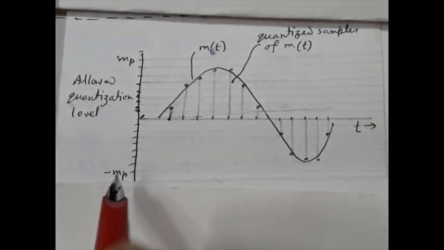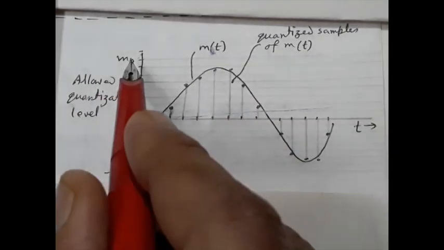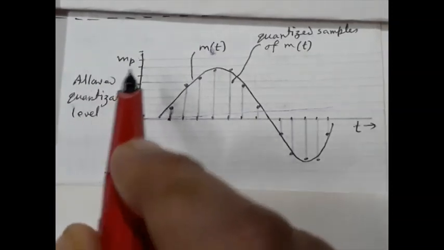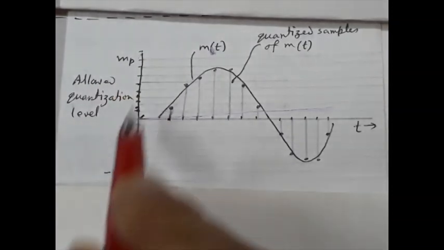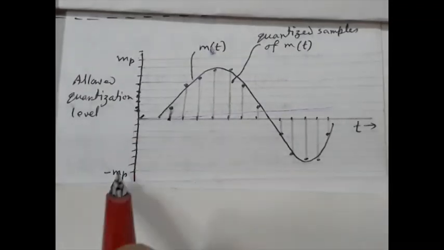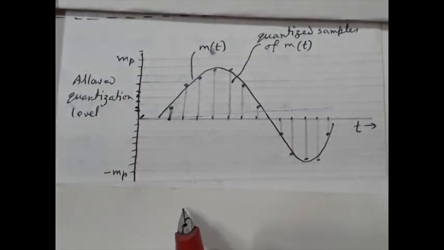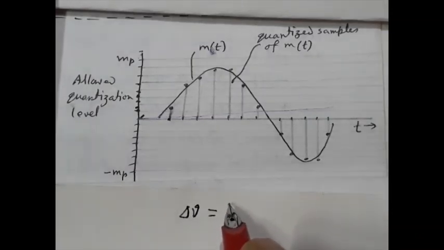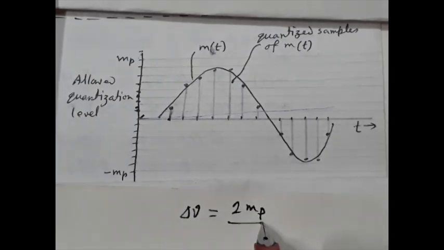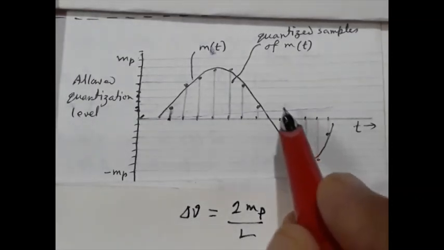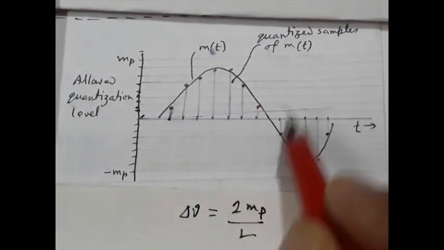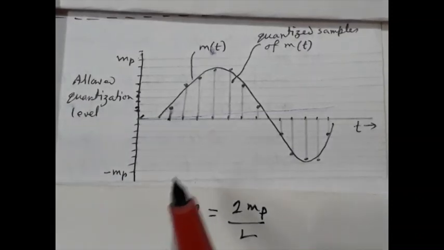Say input signal span is minus MP to plus MP. Now quantizer will divide this whole range of minus MP to plus MP into say L number of sublevels. So each sublevel has a width of twice MP by L. So we have divided this whole range into number of sublevels.